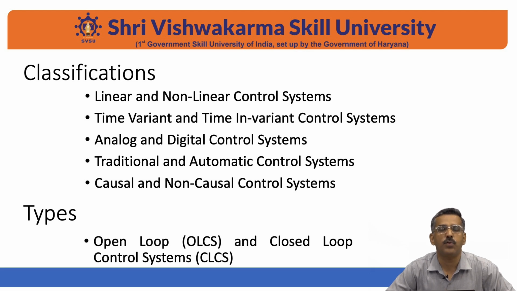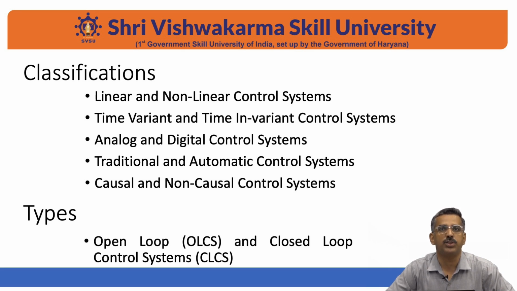There are a few other categories in this manner, but there are only two types of control system, that is known as open loop control system and closed loop control system. Before discussing much about transfer function, we must understand what is meant by open loop control system. Open loop control systems are those systems in which there is no feedback mechanism.